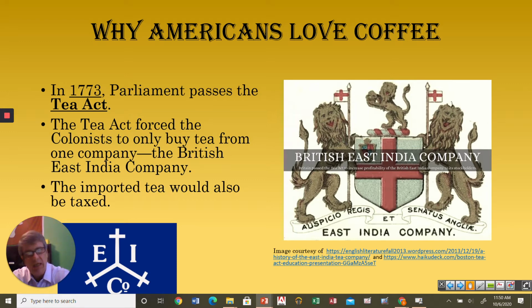So the tax really didn't increase what the colonists had to pay to get their tea, at least not from British companies. And also, by all accounts, the tea coming from India was pretty good. So it wasn't even that the colonists didn't like the tea. Apparently, it was pretty good tea. But they didn't like being told what to do.